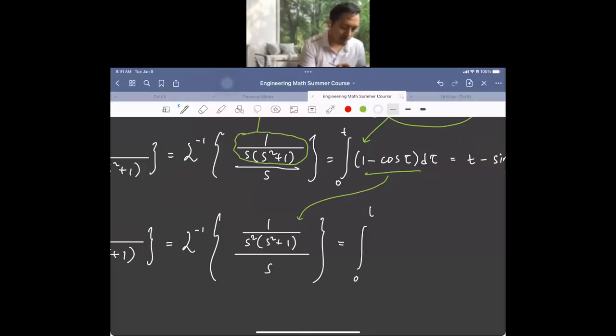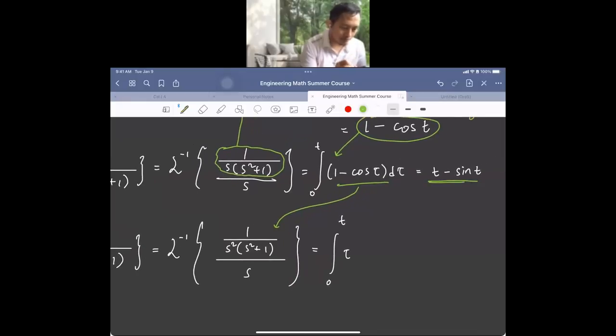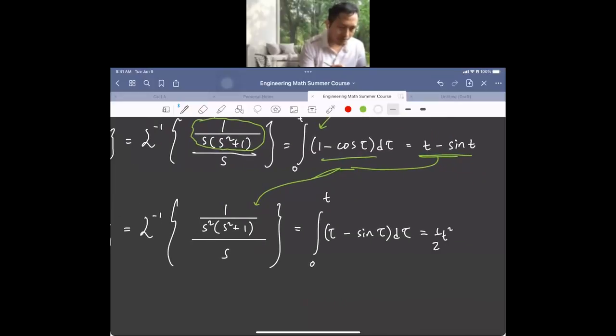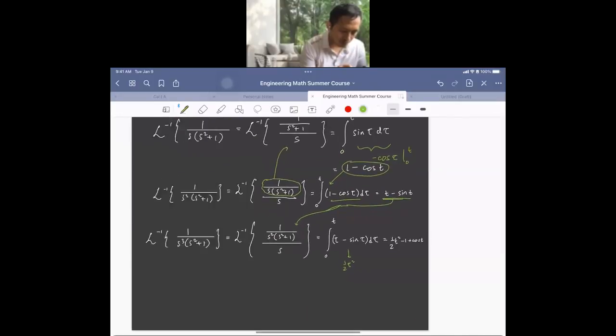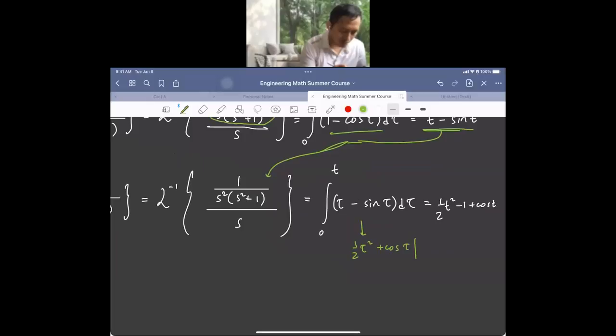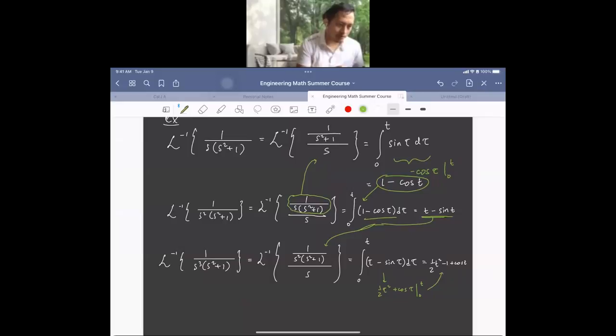So we can write the integral of tau minus sine tau d tau, and we have half t squared minus 1 plus cos t. So this is one example.